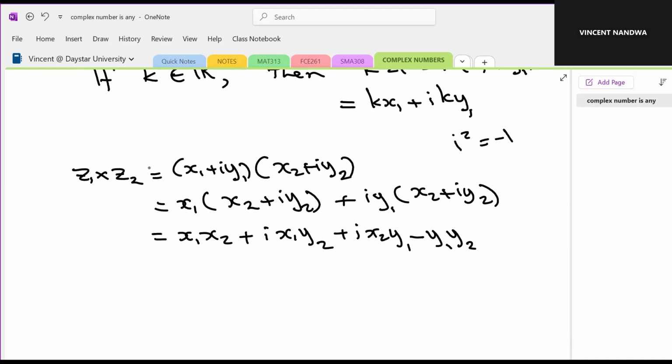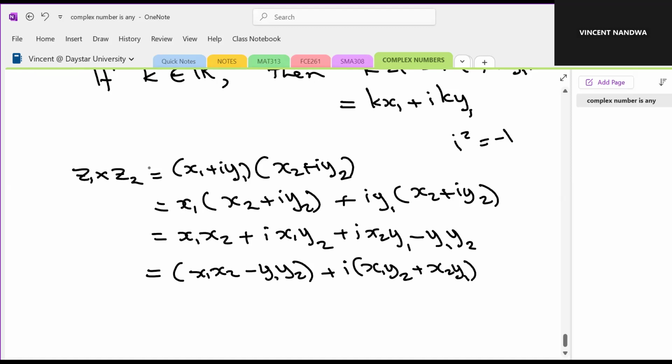So that's why I have this minus. So then I collect parts without i: X1X2 minus Y1Y2, plus i(X1Y2 plus X2Y1). So this is how we multiply two complex numbers.